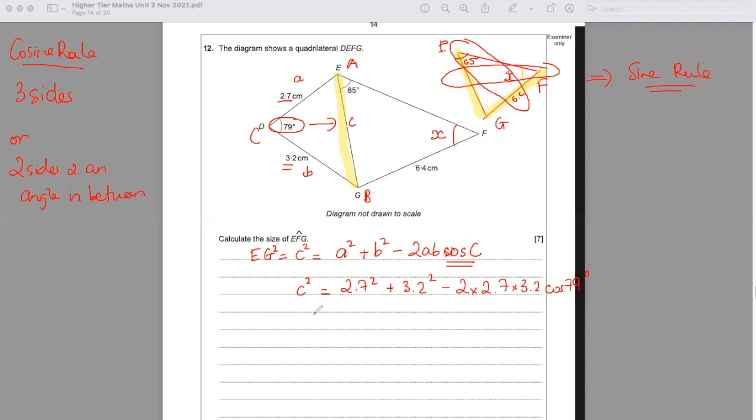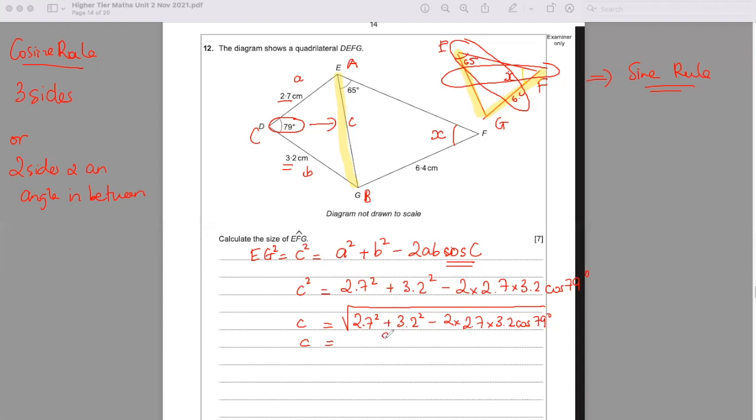And that is your C squared, and your C will just be the square root of all of that. So I'm going to put all of that in my calculator in one go, and that should give me a nice number for C. Right, so let's do that then.